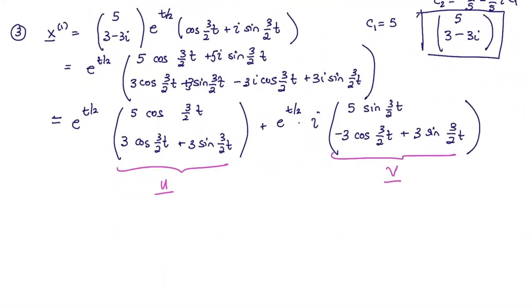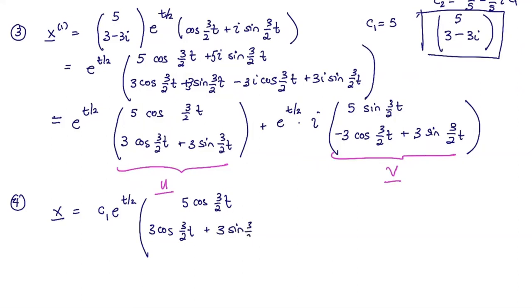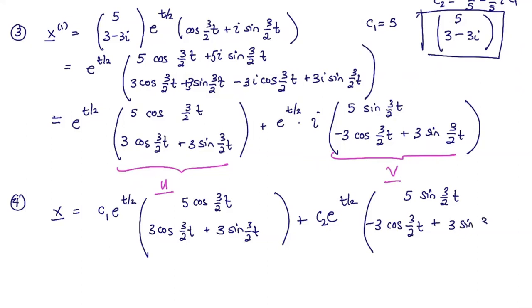And we can use this to create our general solution, which is c1 e to the t over 2 times 5 cosine of 3 over 2 t, 3 cosine of 3 over 2 t plus 3 sine of 3 over 2 t, plus c2 e to the t over 2, 5 sine 3 over 2 t, -3 cosine of 3 over 2 t plus 3 sine of 3 over 2 t. And so that would be our general solution to this particular problem.